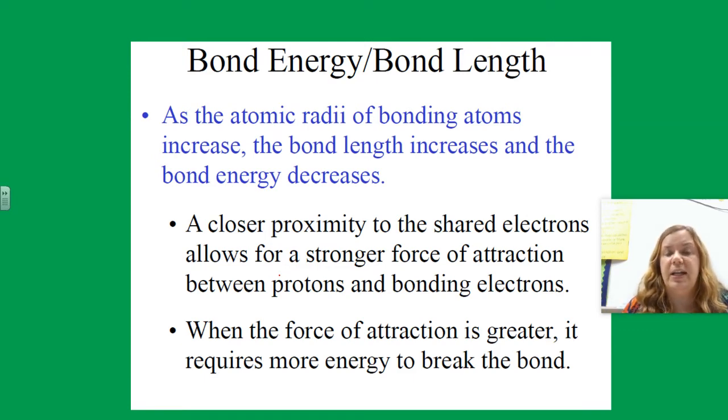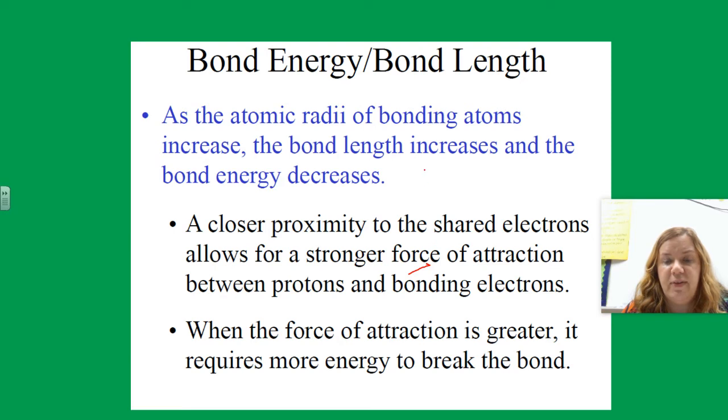Now, here's another thing just to think about. As the atomic radii of bonding atoms increase, remember the distance from the nucleus to the outermost electron, as that increases, the bond length increases and the bond energy decreases. So what you have to think about here is the bond length increases.